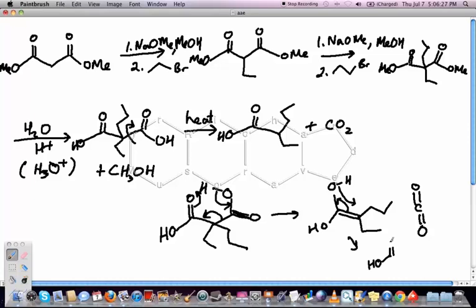So you can see that the differences between the acetoacetic ester and the malonic ester, they're not really that great. The only real difference being that because we start off with an OMe here, we end up with an OH rather than a methyl group as we do in the case of the acetoacetic ester.